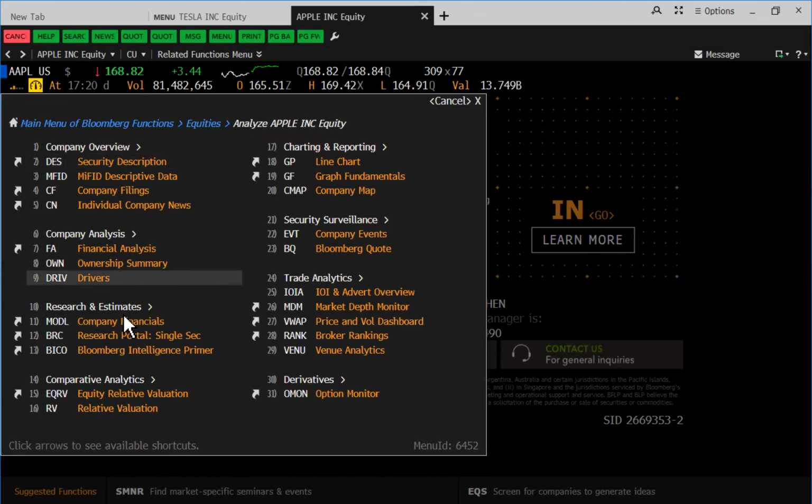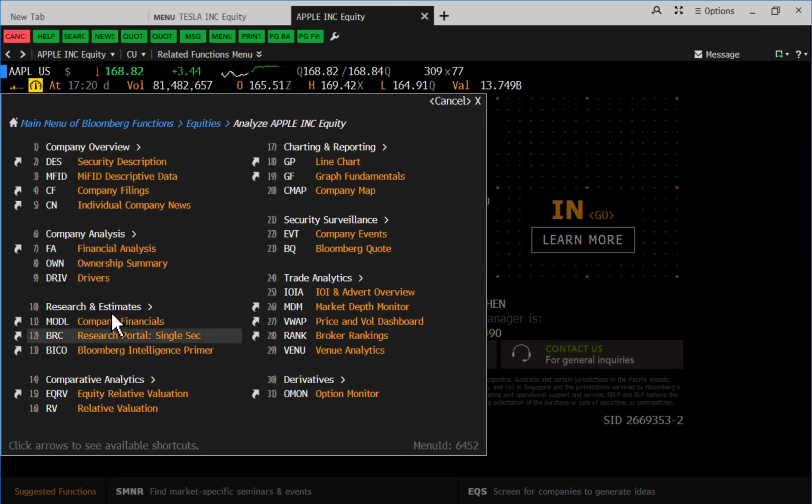So then you'll see this window pop up. You're going to have different options to choose. If you are interested in the company's overview, description, then you can go ahead and search all the information here. If you want to look at the company's fundamentals, then you're going to focus on the company analysis, financial analysis.